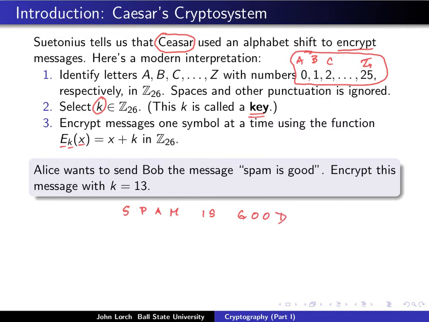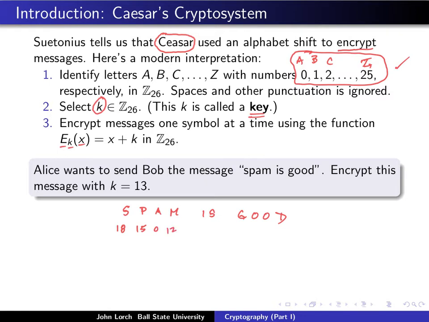Okay, now what we want to do is identify each one of those letters with a number, as we decided to do up here in item 1. So when we do that, S becomes letter 18. P is letter 15. A is letter 0. M is letter 12.